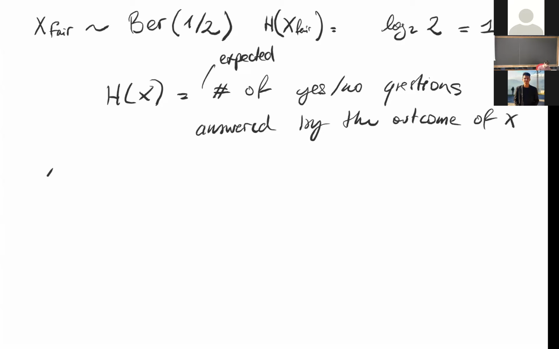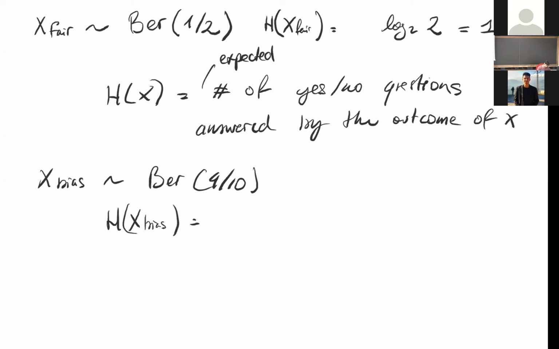So now the biased X is a Bernoulli 9/10, and so its entropy is what? It is 1/10 log 2 10 plus 9/10 log 2 10/9.